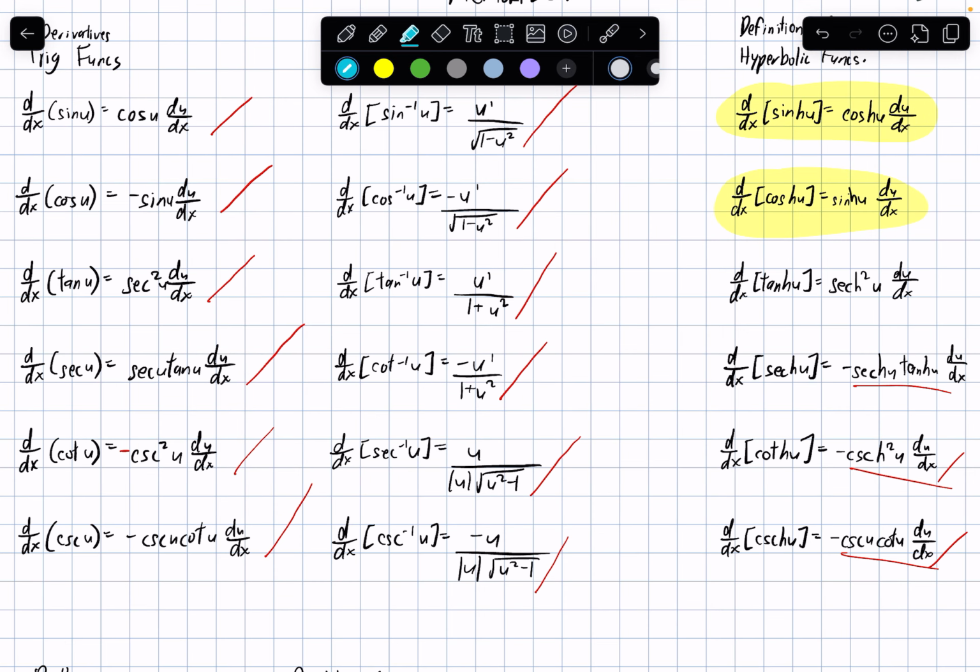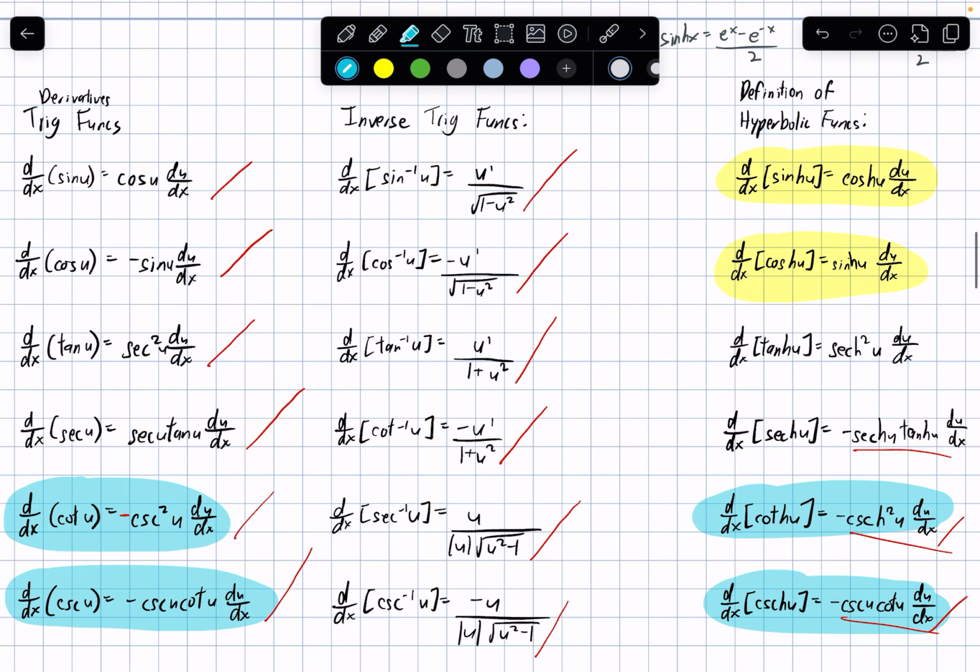Okay, let's highlight the similarities. Both of these pairs are very similar. So are these. What else is similar? This one too. Right?